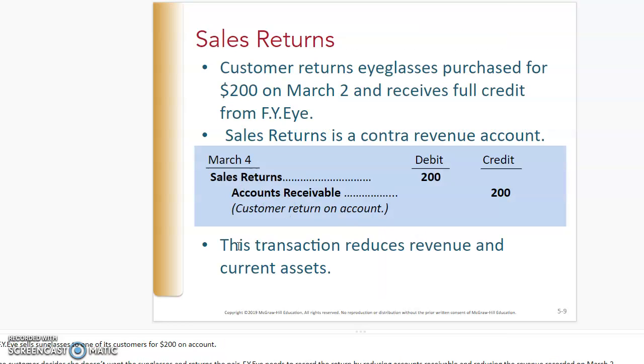Okay, when we record a sales return or allowance, we're going to debit sales returns or sales allowance. Again, it is an expense account, so it goes up with a debit, and we reduce the accounts receivable if the original sale was on account. And since this chapter is all about credit sales, that's what we're going to focus on here.